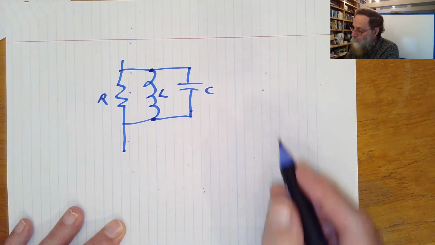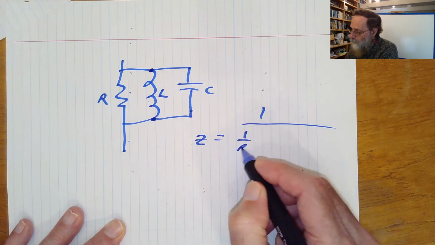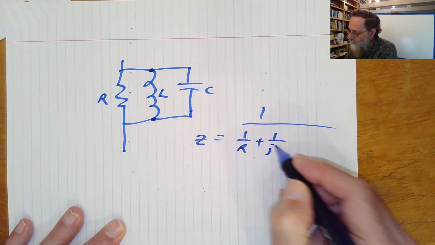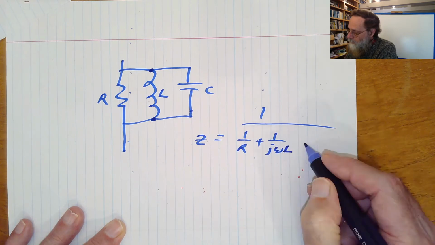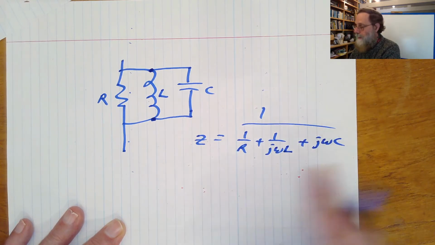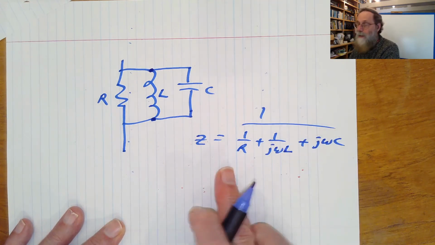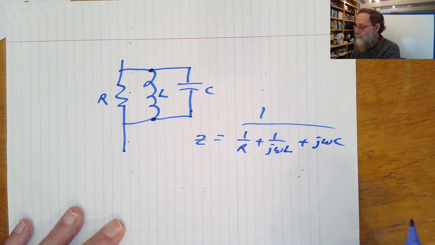For these, we're going to have Z is 1 over 1 over R plus 1 over j omega L plus j omega C. This is just parallel impedances are 1 over the sum of the inverses of the impedances.